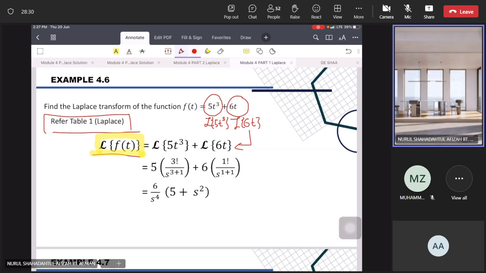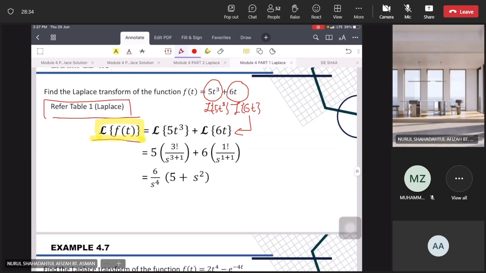And then the 5 you put outside, and then for t cubed, we use the table. I think you can refer to the table later. Yeah, this table. I'll try to copy it again.